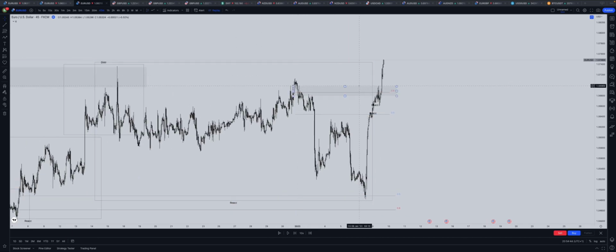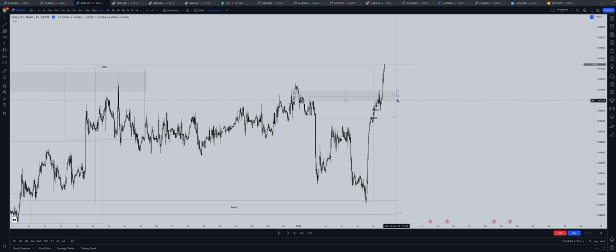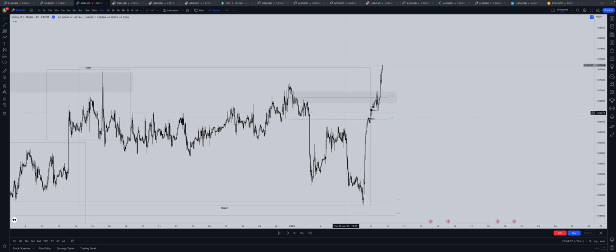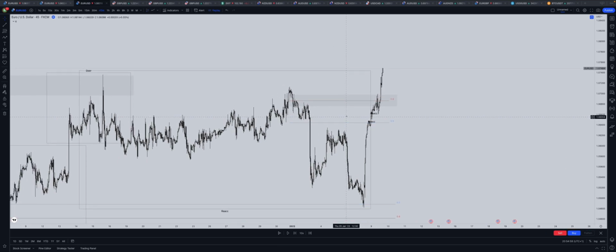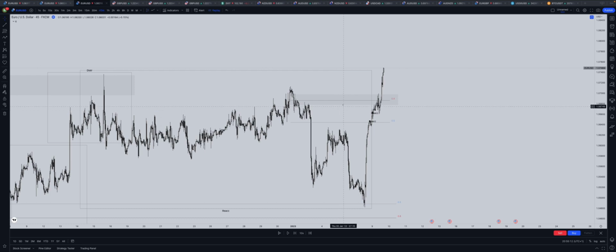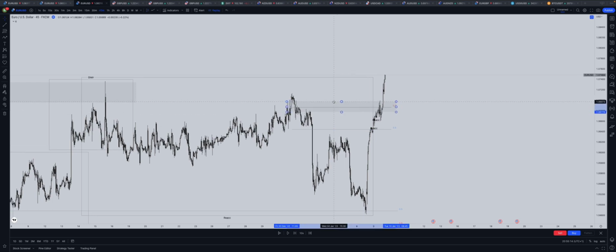Only if I was really greedy, I would take it to 1 to 10, maybe even further, and it would have hit my break even. So that's one really important thing to understand. Sometimes it's better to take a lower take profit and be happy with the profit you take than trying to target a 1 to 10 or 1 to 20, only to share on social media that you have had a big hit.